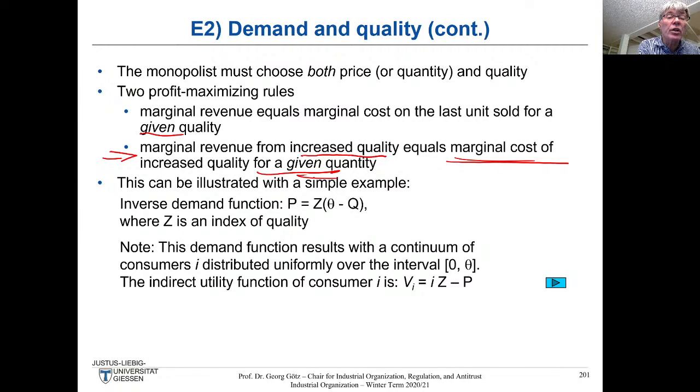Suppose here our demand function, or inverse demand function, our demand curve is just this: P is C times theta minus Q, and C is just an index of quality.